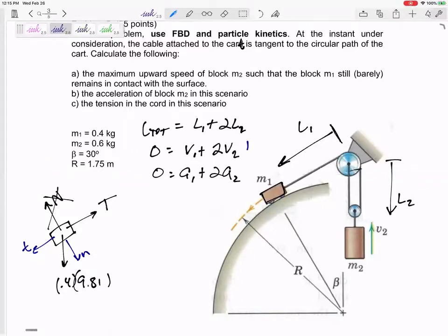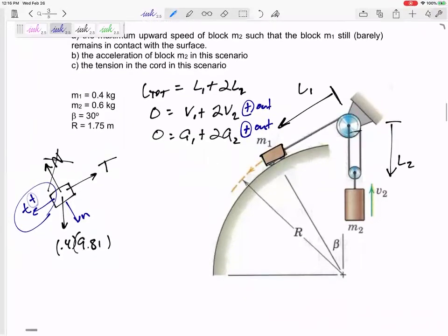These are all positive out. To stay consistent, I'm making tangential positive that way, so that A1 is the tangential acceleration.